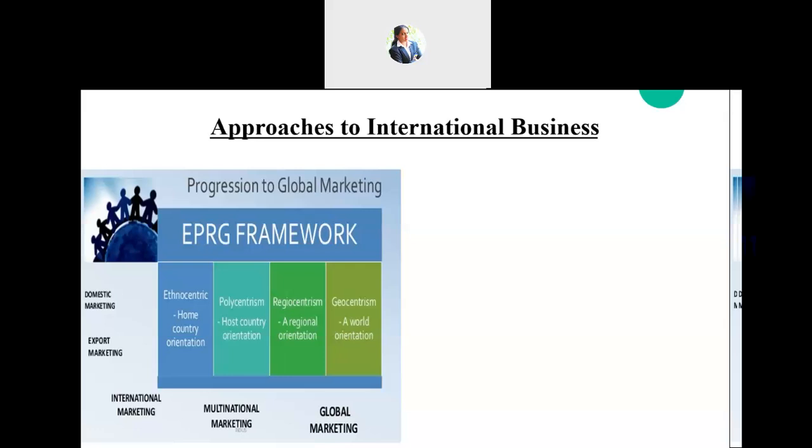The next thing is that it also tells the way in which the business and the people working in that organization, the employees, view the world, which can be known through EPRG.